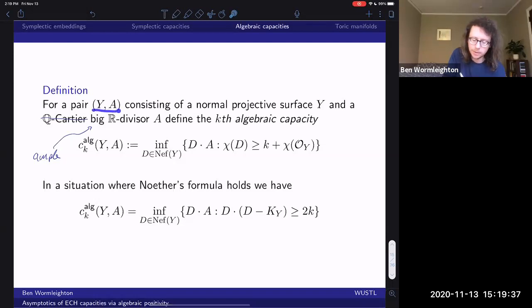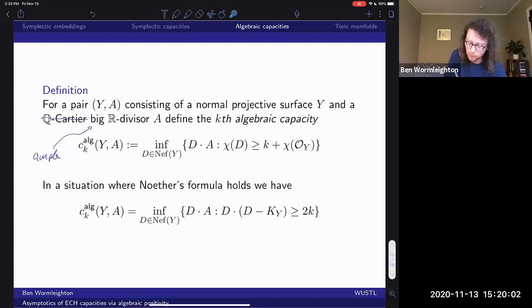So given such a pair, and as I've set it up, these are exactly the sorts of objects that we would be getting from that situation I described on the previous slide, from those compactifications of interiors of symplectic manifolds. Given such a pair, define the kth algebraic capacity, c_k^alg(Y, A), to be a certain infimum.